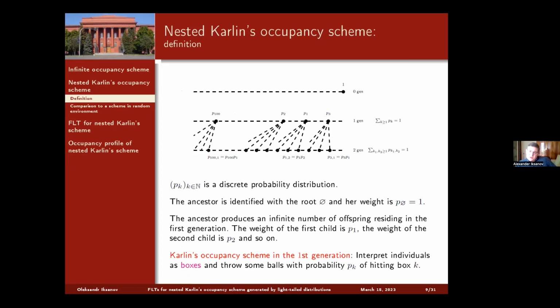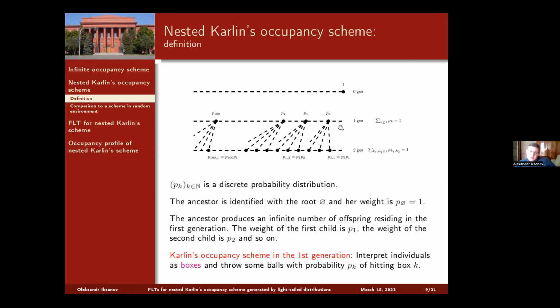Imagine a population of individuals initiated by the single ancestor located in zero generation. It's assumed that a weight is assigned to each individual of the population, and the weight of the initial ancestor is 1.